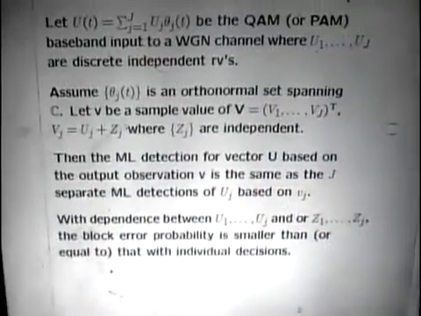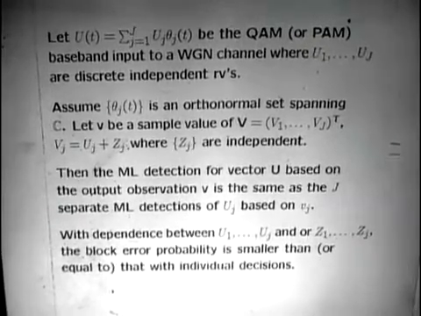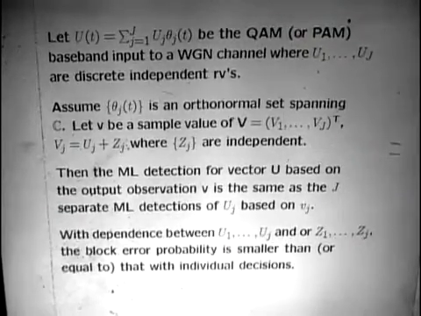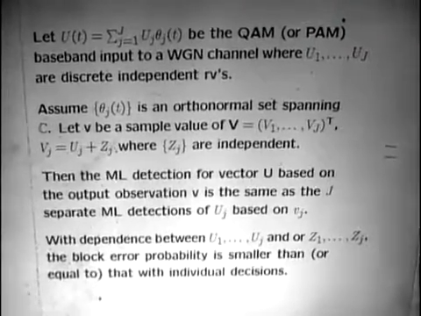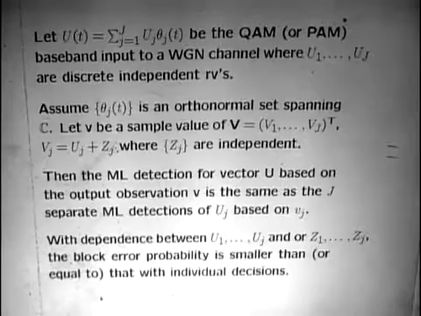Except now suppose that these inputs are not independent. Suppose, for example, that we've passed them through an error correction encoding device before transmitting them. And the question is, what happens then?